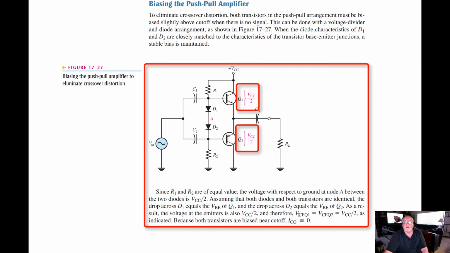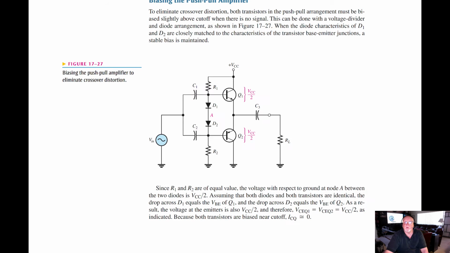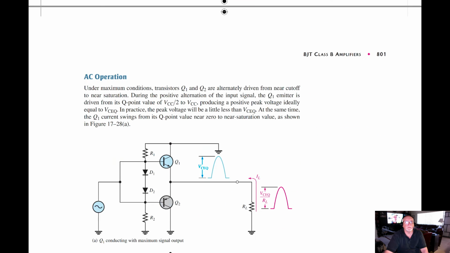And therefore, the voltage collector to emitter of transistor 1 is equal to the voltage collector to emitter of transistor 2, which is equal to half of VCC, as indicated. Because both transistors are biased near cutoff, the collector current for the transistors is equal to 0, or approximately.